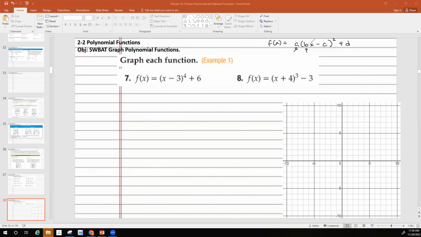B is going to be a horizontal stretch or shrink. And plus or minus c is how much you move to the right or to the left. Translate it left to right. This one you do want to think opposite because of that minus. And that d is going to be translated up or down.